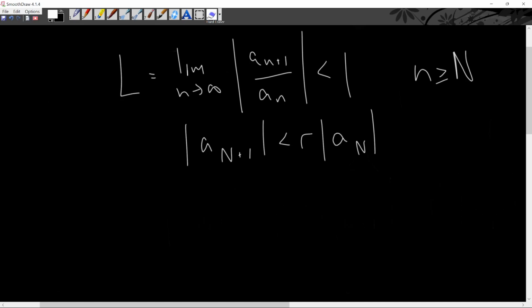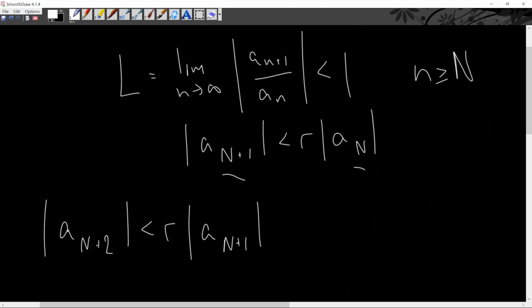Let's split this into two separate inequalities. We have the absolute value of the N plus 2th term is less than R times the N plus 1th term, right? This is just adding an extra term value, and since N is arbitrary, it can be truly anything. So if this is true, then this has to be true, right?